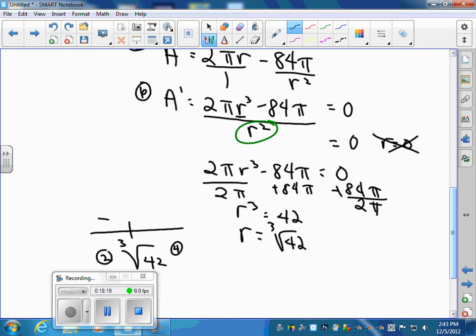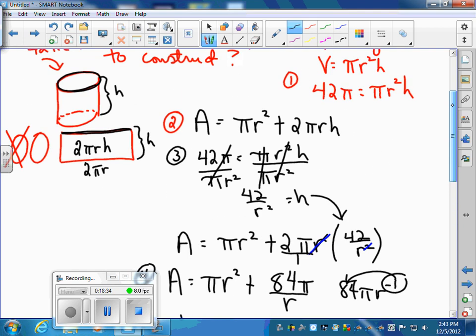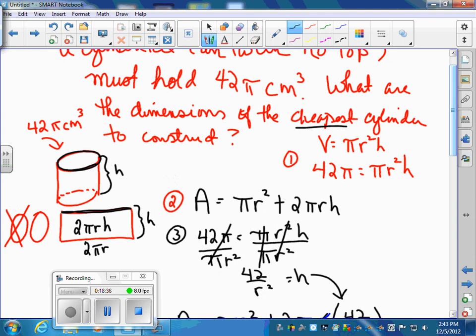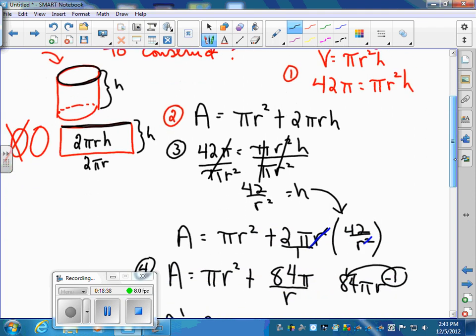So if I put in 4, I'd have 4 cubed is 64 times 2 pi, which would be 128 pi, minus 84 pi, and that would be positive. So this decreases, then increases. And we were trying to find the cheapest, which would be a minimum, and we found that.